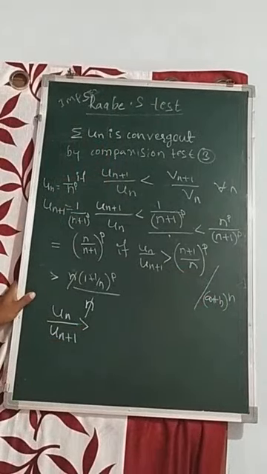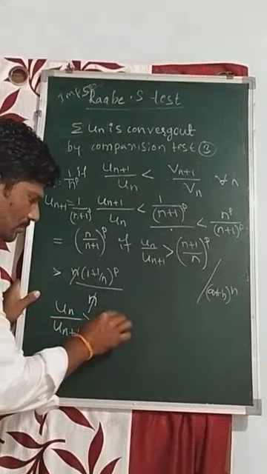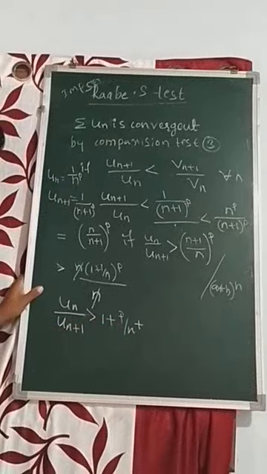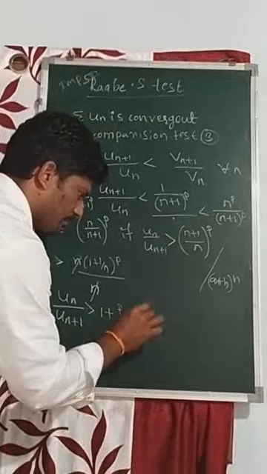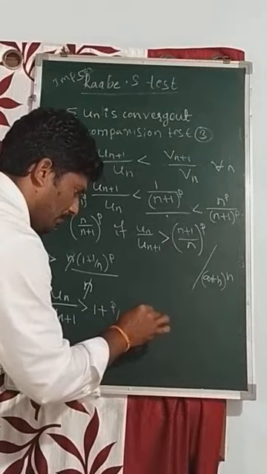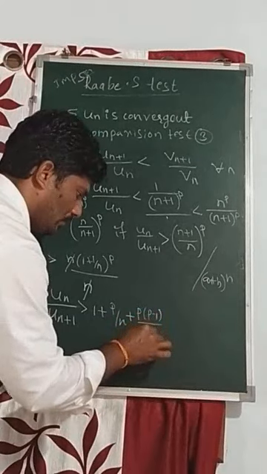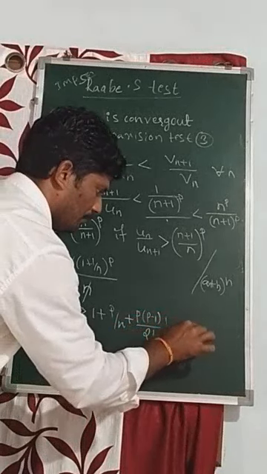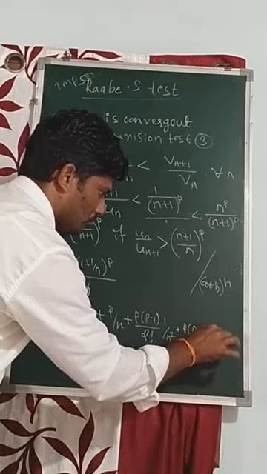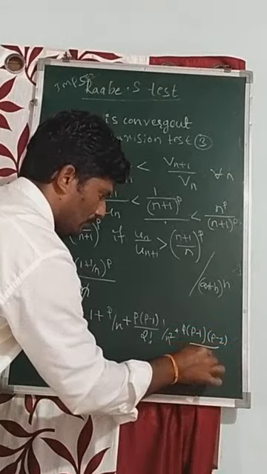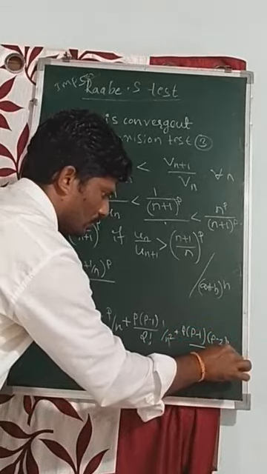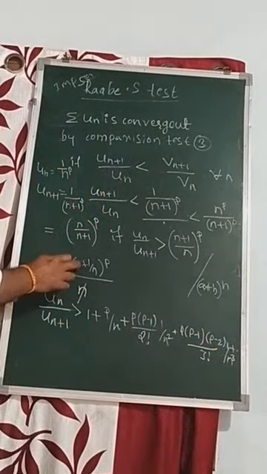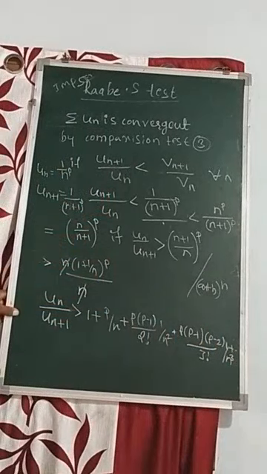Next, 1 plus p divided by n plus p into p minus 1 divided by 2 factorial, 1 by n square, plus p minus 1, p minus 2 divided by 3 factorial, 1 divided by n raised to 3, and so on. This is the expansion of a plus b raised to n.